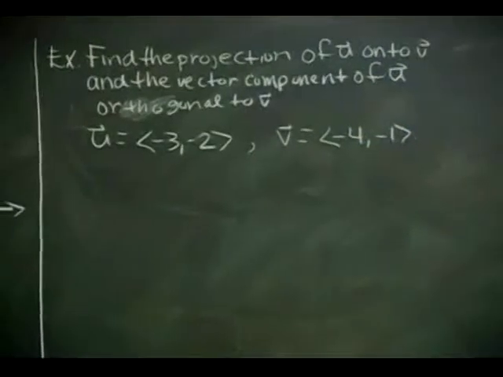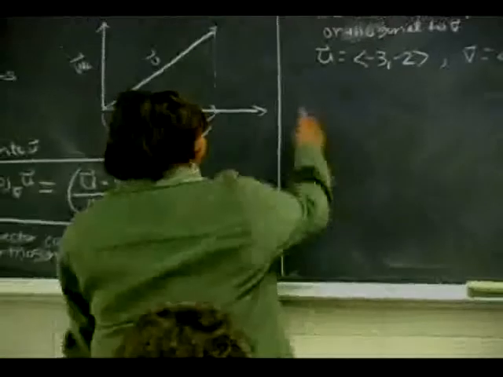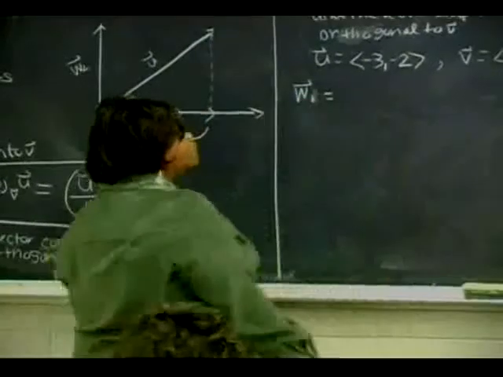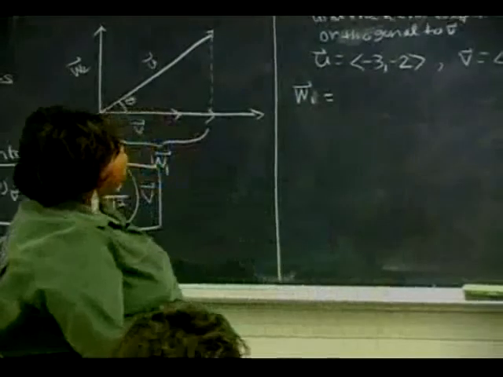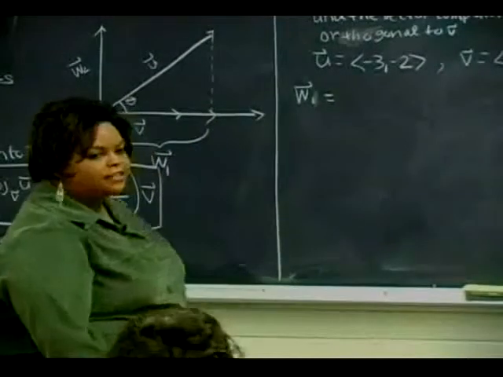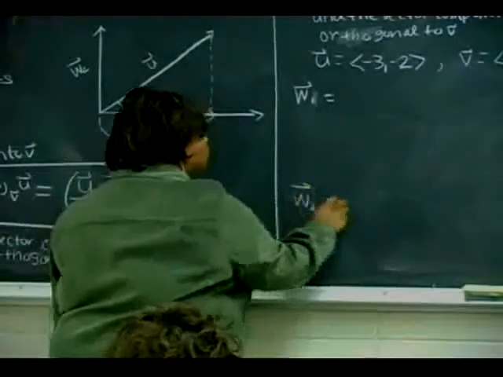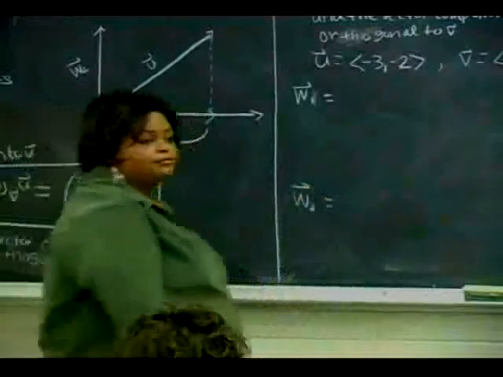So when they say the projection of U onto V, they're saying find W1. And when they say the vector component of U orthogonal to V, they're saying find W2.